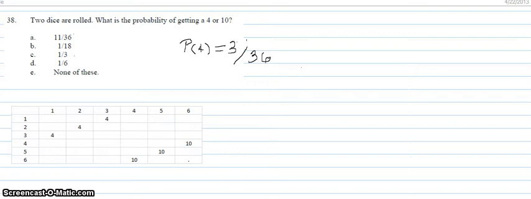The second part of the question says, or a 10. So let's look at the probability of rolling a 10. If we also take note of the table down below, I've shown the combinations of a 10. We can have one of the die rolling a 4 while the other rolls a 6.